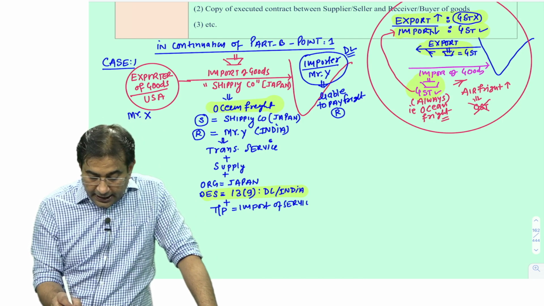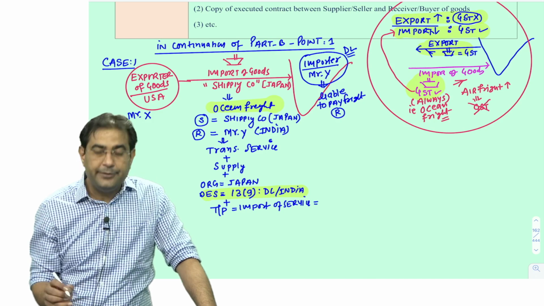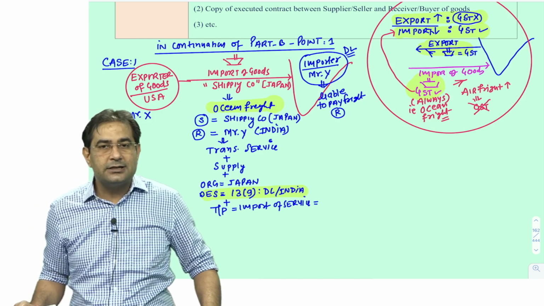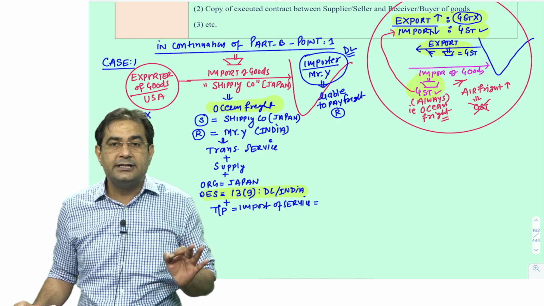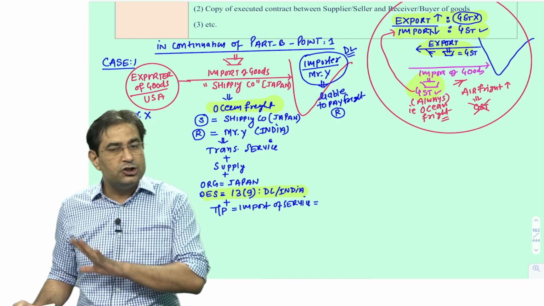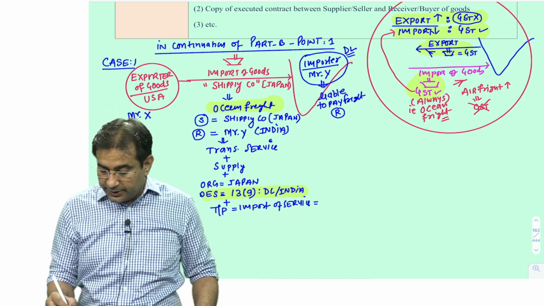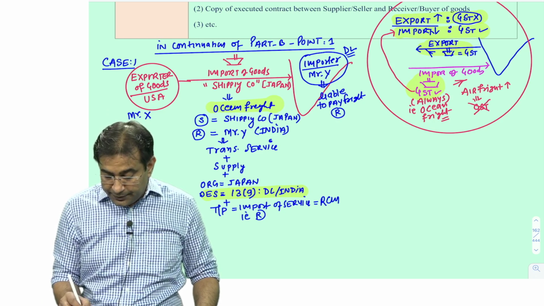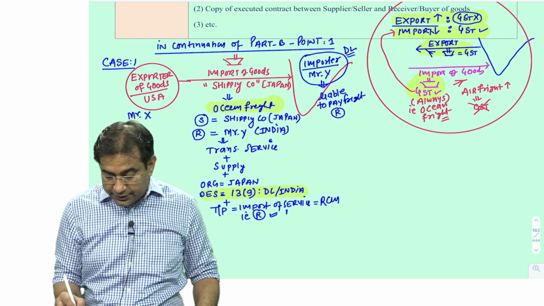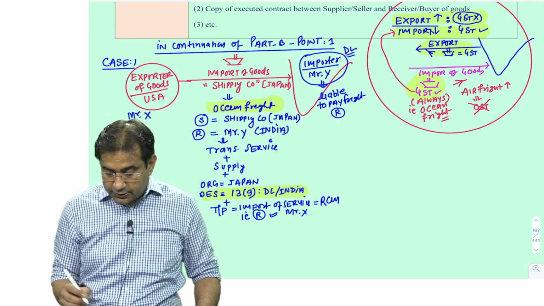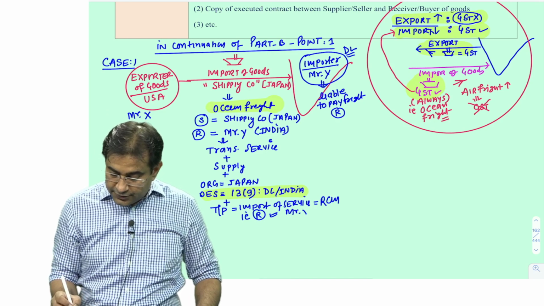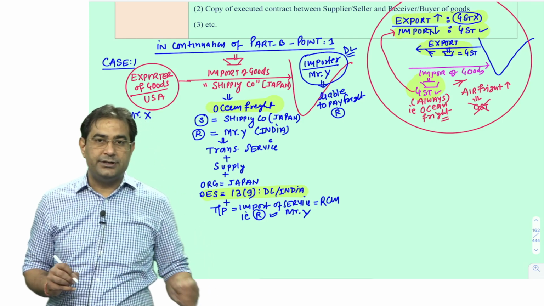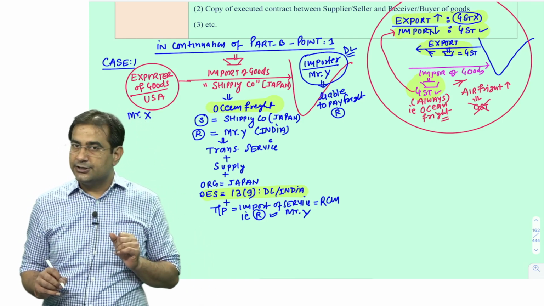Is it okay? So it is import of services. Okay, sir. And we know very well, in case of import of services, RCM is applicable except OIDAR, and this is not a case of OIDAR. That's why RCM would definitely be applicable. That is, the recipient would be liable to pay GST, that is Mr. Y. Mr. Y would be liable to pay GST in such a situation.